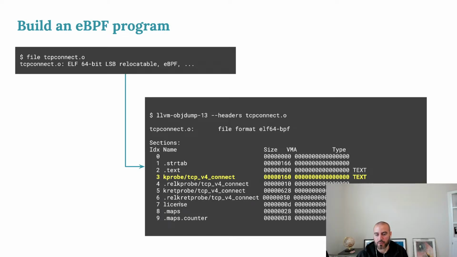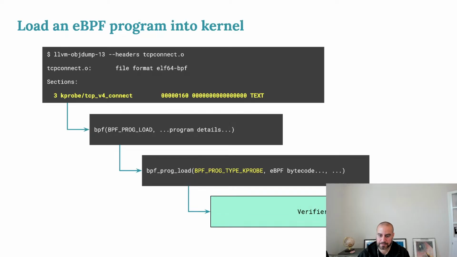So if we focus in on this tcp_v4_connect kprobe, as the loader parses through this file, it will look for sections that have, for example, kprobe/tcp_v4_connect. It will know that it needs to attach this as a kprobe, and the actual code that represents this kprobe is in this section in the ELF file.